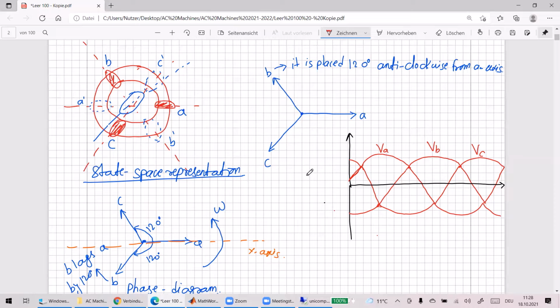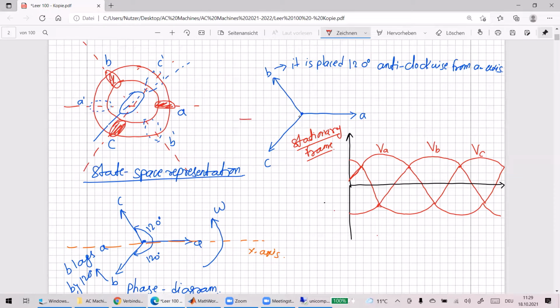So if you see in this moment, in the state space representation, we have the stationary frame. This does not rotate. So this is your stationary frame. It is fixed. It does not rotate. And its instantaneous value is on that axis itself.